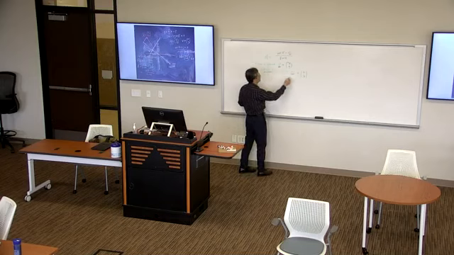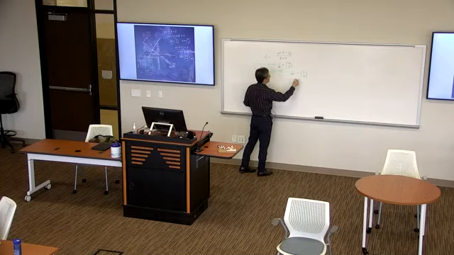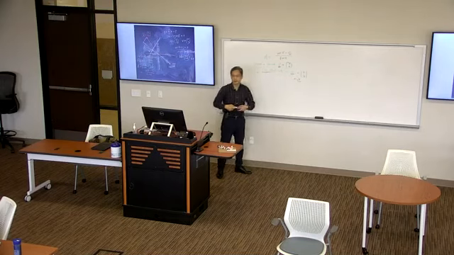So the line is defined by W and a constant number C.